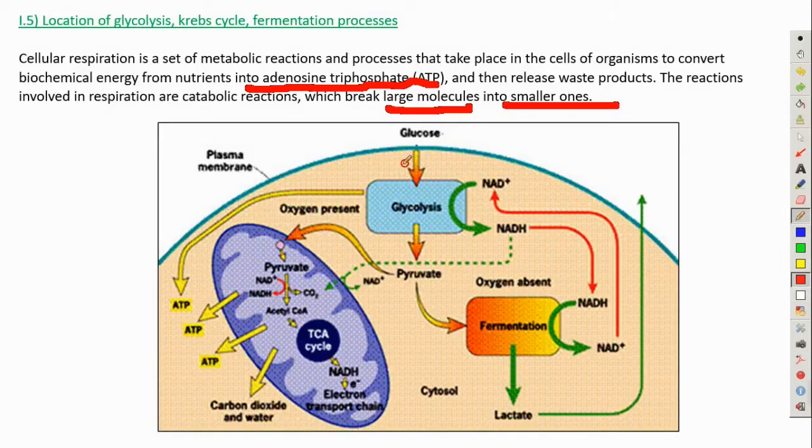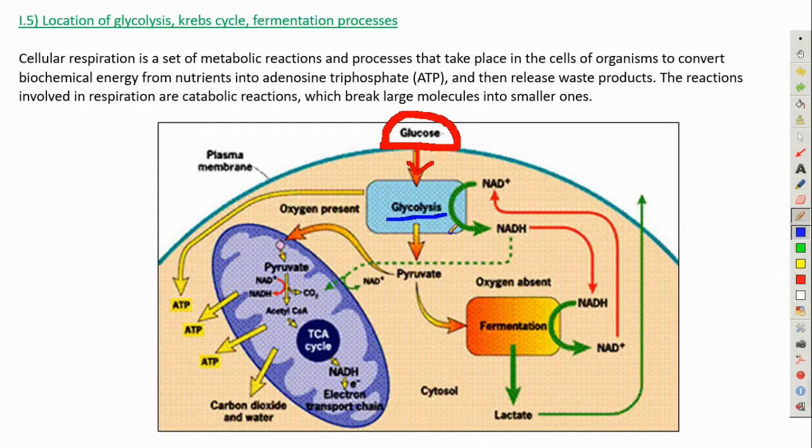So first key thing is that all starts with glucose. If you have no glucose, these reactions are not possible. So first thing, glucose enters the cell. Then it goes through something called glycolysis.